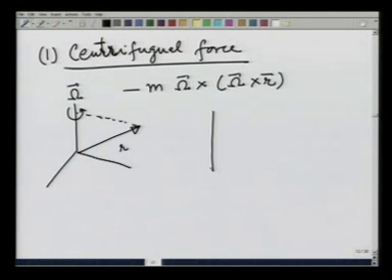Let me make r like this, and suppose this is the axis omega.